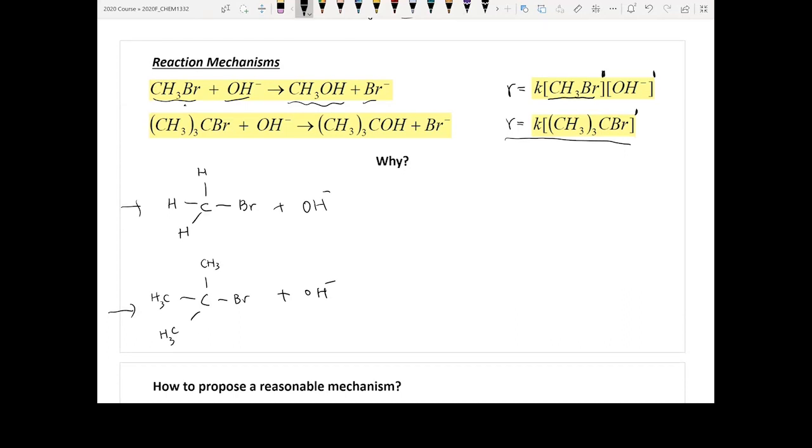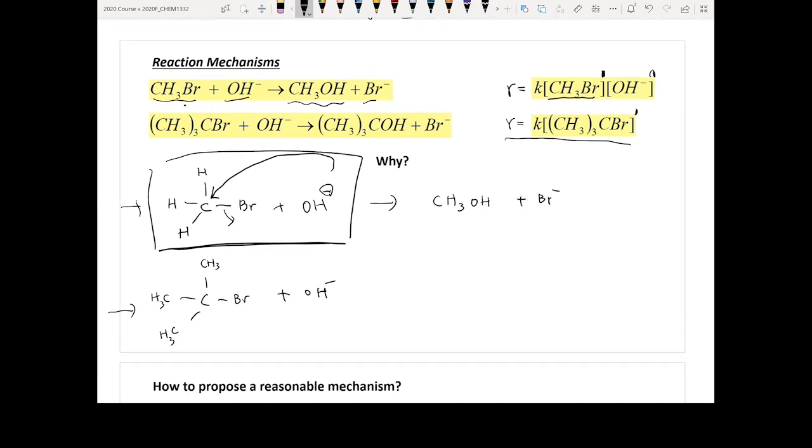Later on, they realized the reason the first reaction is proportional to the first order of both reactant species is because the OH minus needs to first encounter the CH3Br so that the Br can leave. They can then produce the final product, CH3OH plus Br minus.